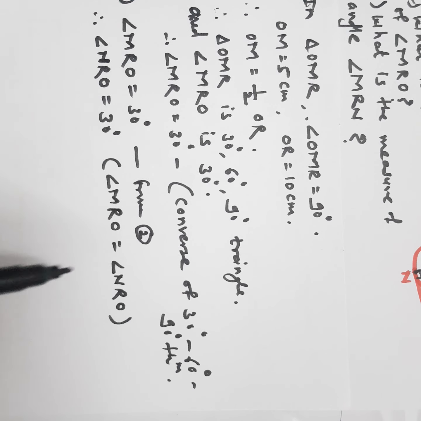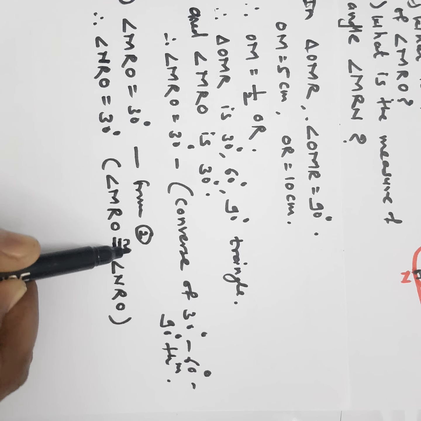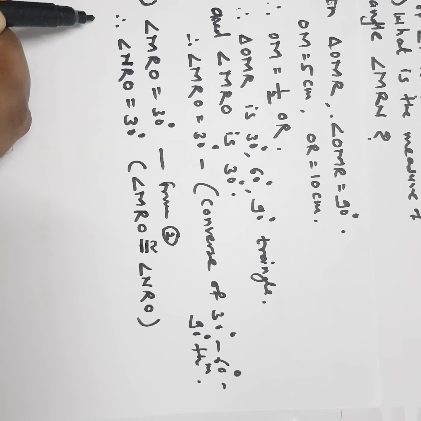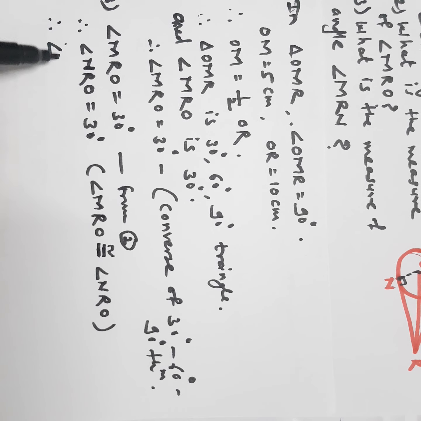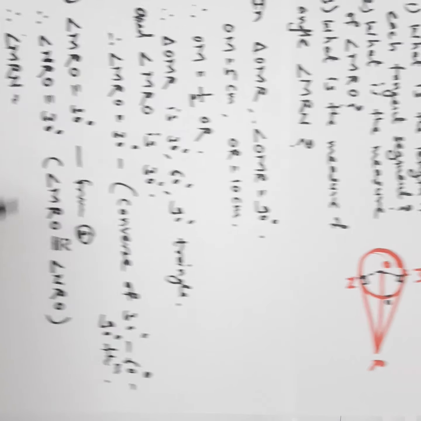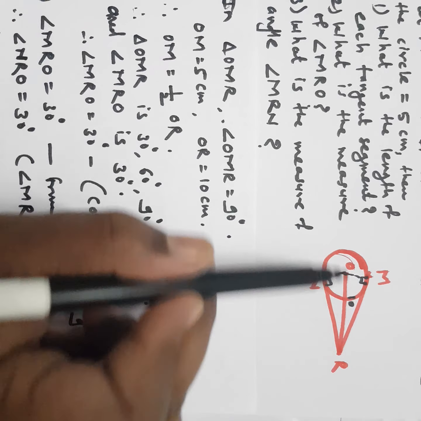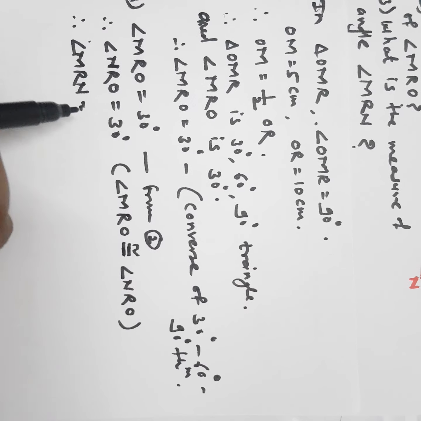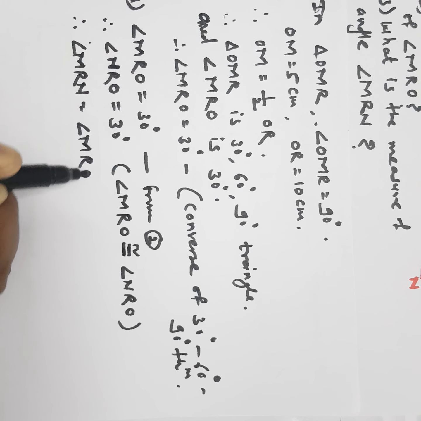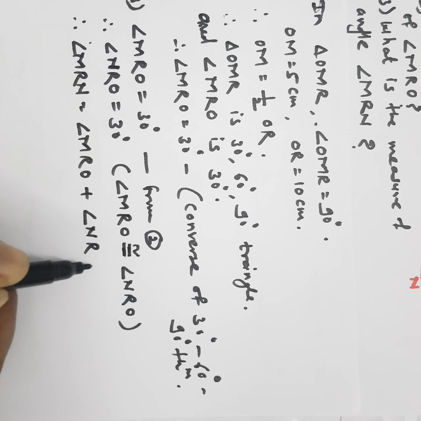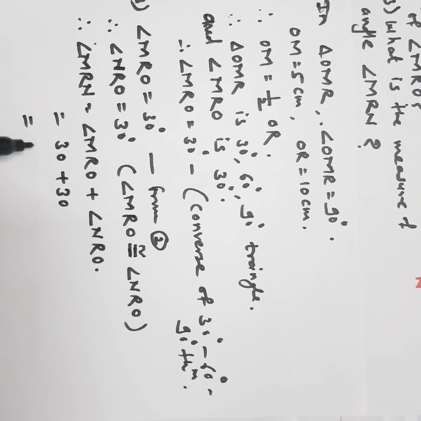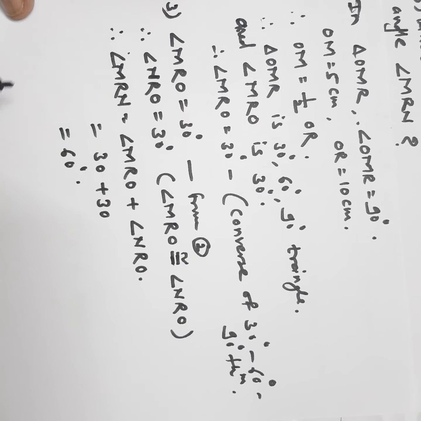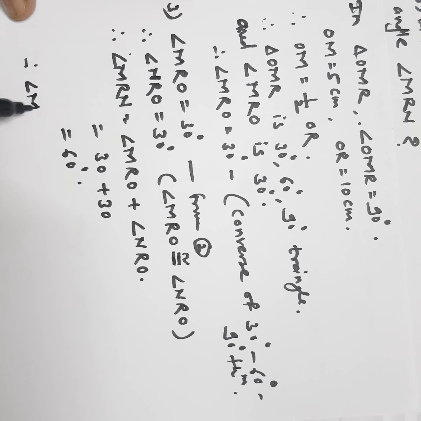We can prove that these two angles are congruent. Therefore, angle MRN is equal to angle MRO plus angle NRO, which is 30 degree plus 30 degree, equal to 60 degree. Therefore, angle MRN is equal to 60 degree.